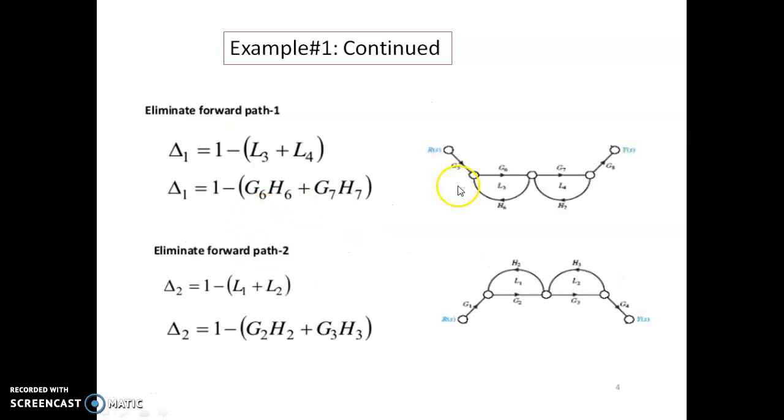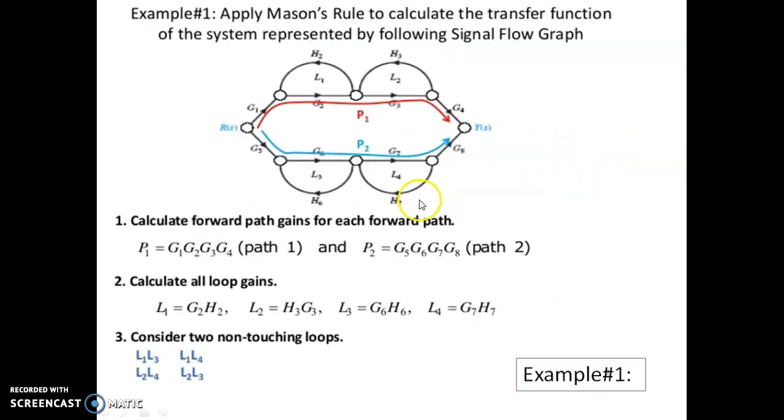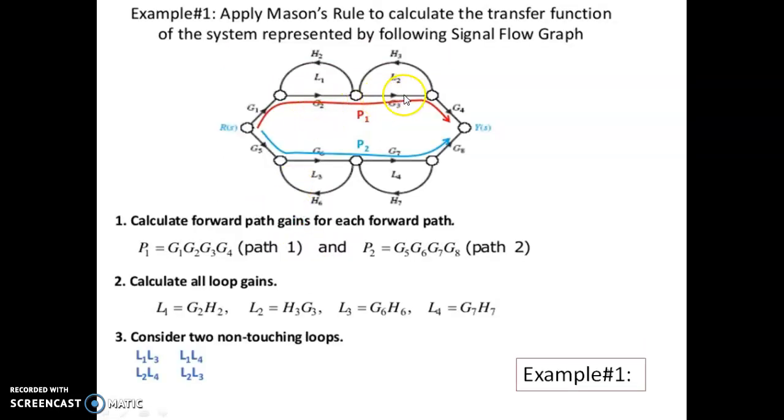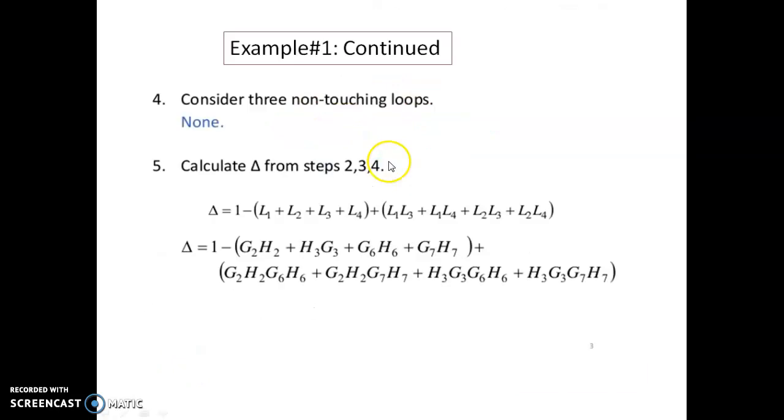If I remove this path, L1 is touching this P1 path, so L1 is not possible. L2, yes, it is touching this path, so leave it.